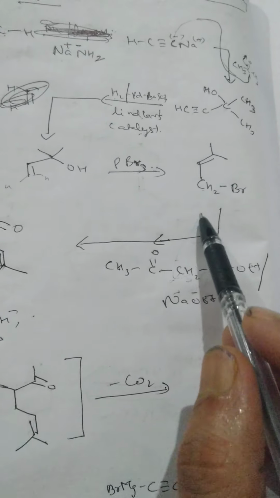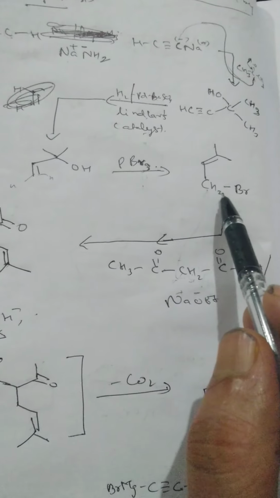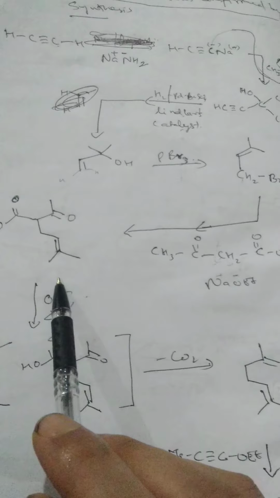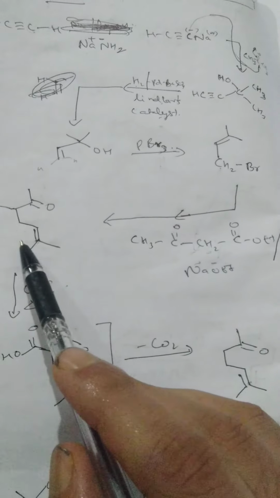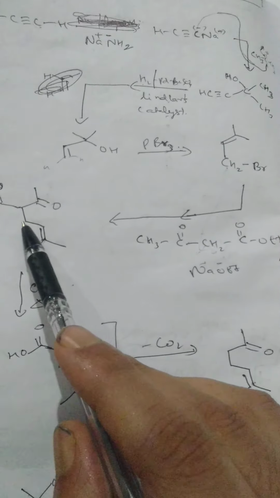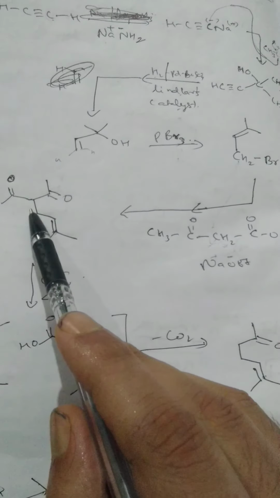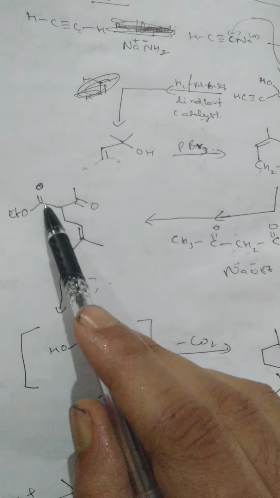This Br will leave, and you get exactly the same thing. If I show you from here, this double bond is there, then CH2, the Br has gone, and this part has joined. So this carbon has joined, and the carbon next to it is COOEt, and this part is C double bond O CH3, right?